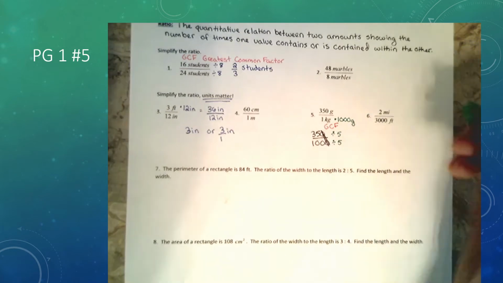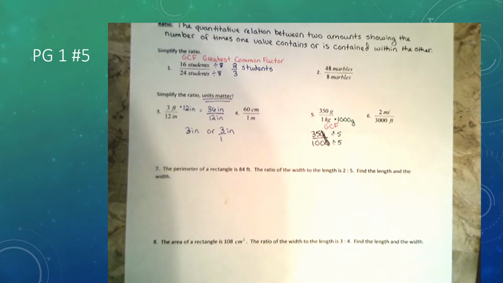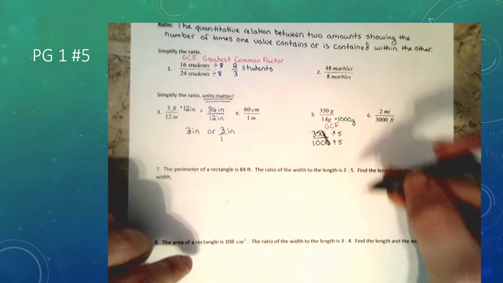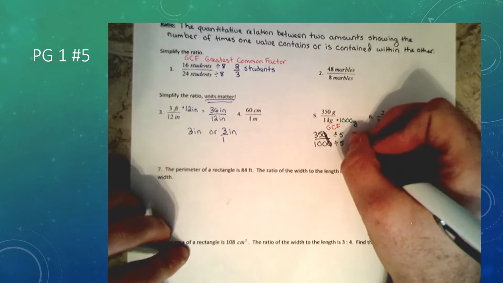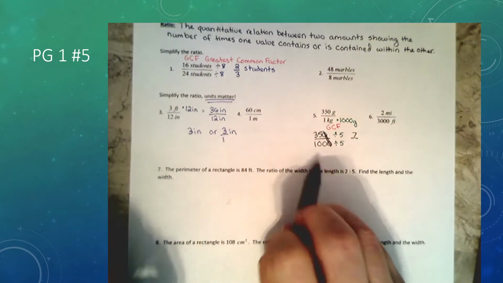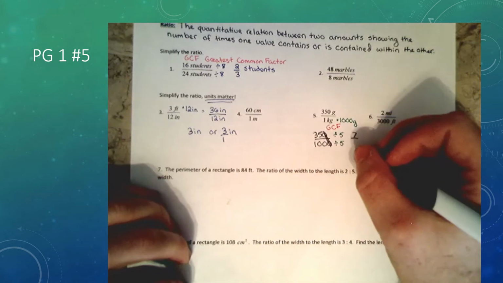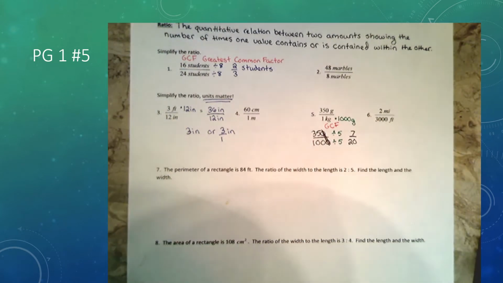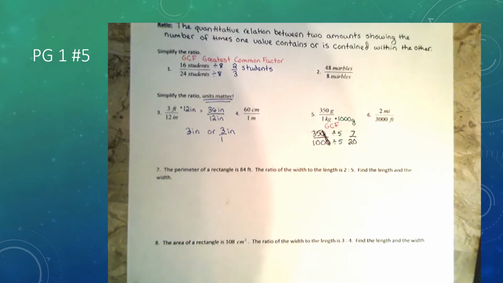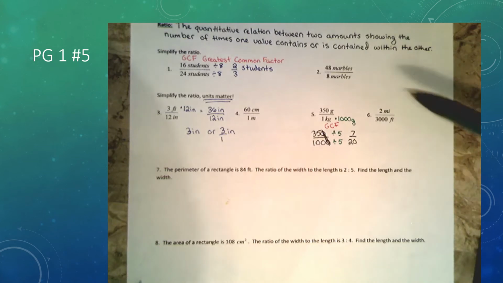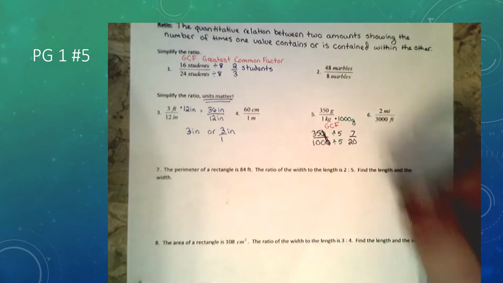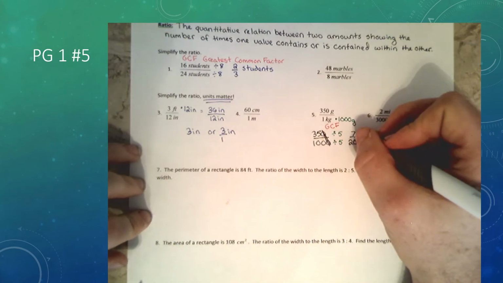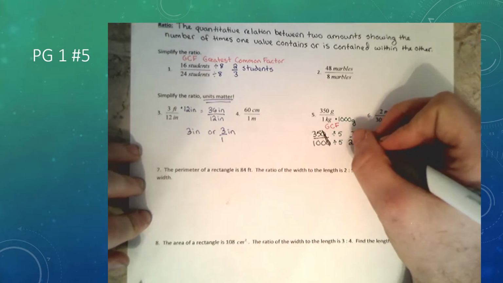So 35 divided by 5 equals 7. 100 divided by 5 is 20. Now, I cannot leave my answer like that because I have to have my units. So I switch this all into grams. So we have 7 over 20 grams.